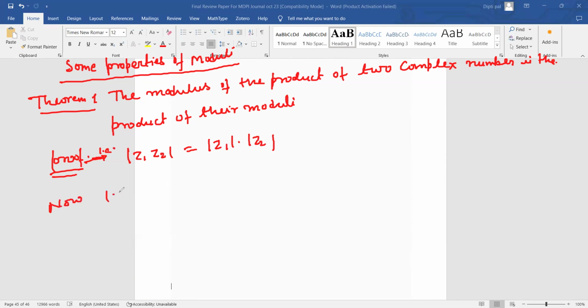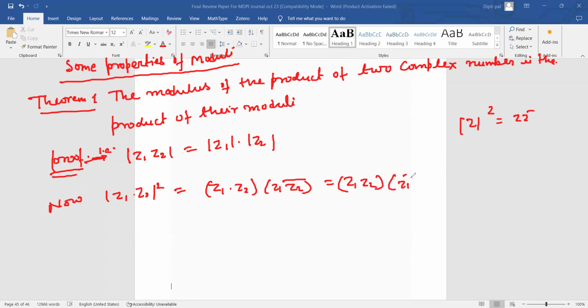Now modulus of Z1Z2 follows. We know modulus of Z square means Z times Z bar. So we can write Z1Z2 times Z1 bar Z2 bar, and so it will come Z1 Z1 bar into Z2 Z2 bar, and this is modulus of Z1 square, this is modulus of Z2 square.